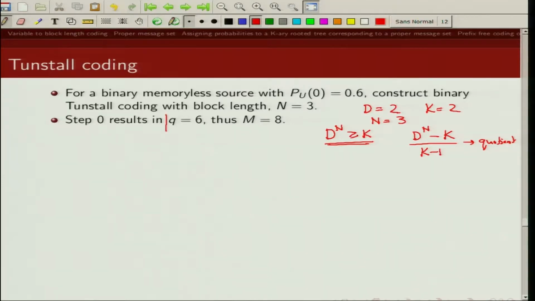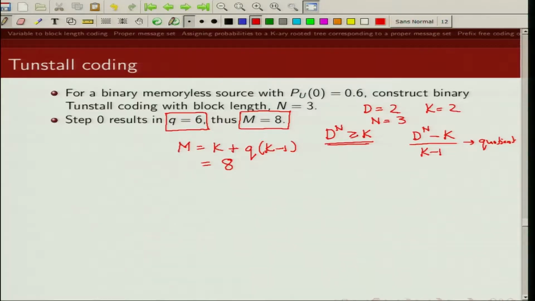So in this example, q comes out to be 6. And of course, the number of messages, which is D raised to power n, is given by K plus q times K minus 1, and this is 2 plus 6, that's 8. So in this case, we can find a Tunstall message set.